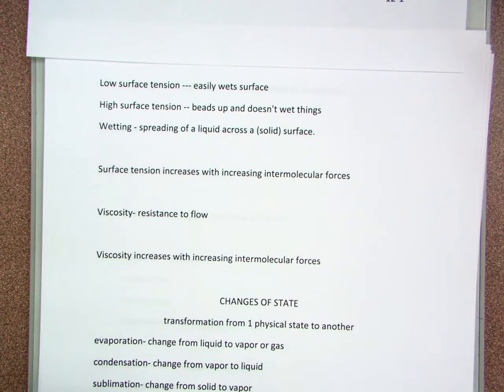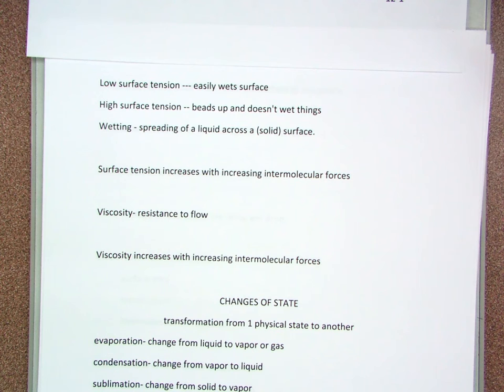If something has low surface tension, it just spreads out completely and wets the surface. If it has high surface tension, it beads up and it doesn't wet things. And when we talk about wetting, we're talking about the liquid spreading out completely. If you ever go through the car wash, it scrubs your car nice and clean, you get to the rain part at the end, and as you're getting rinsed off, you can look and you'll see that the water is not spreading out.